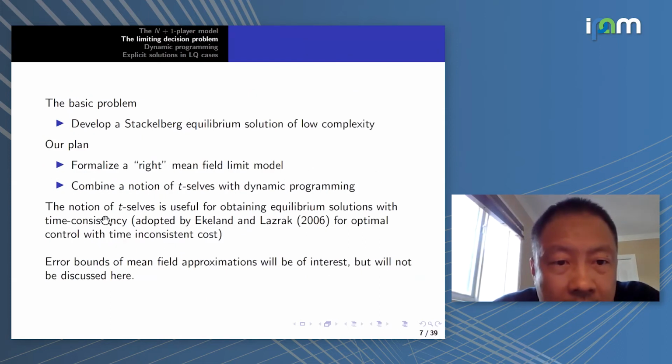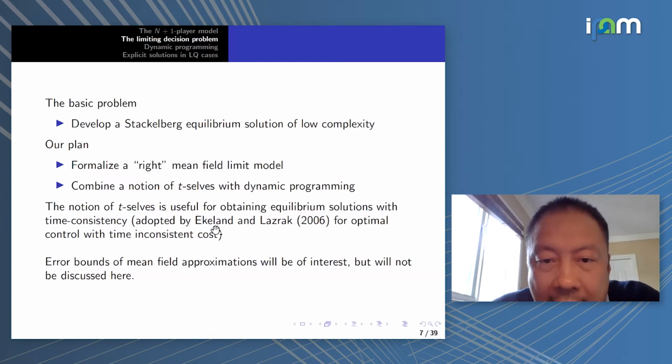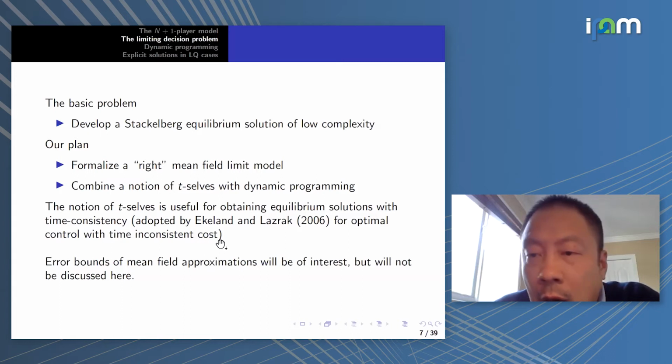Here I make a brief remark about t-selves. Actually, there is already some history about this notion. In an early paper by Ekeland and Lazrak, they adopted this notion for optimal control with time inconsistent cost.